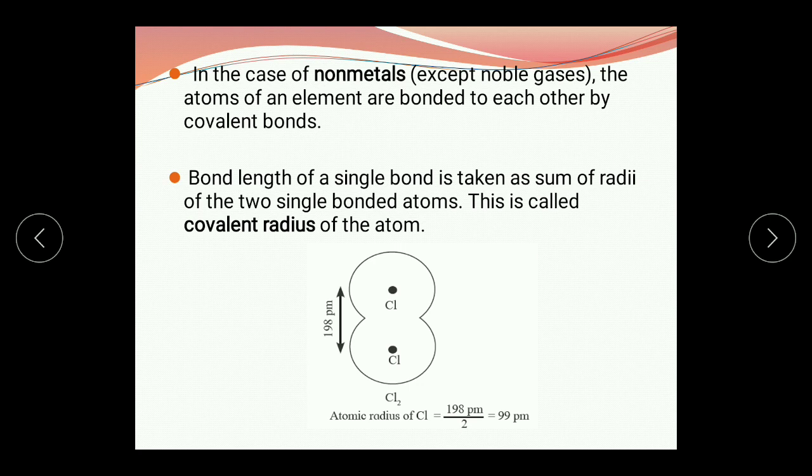Because chlorine is a diatomic molecule, both chlorine atoms are connected by a covalent bond, so the internuclear distance, that is the distance between the two nuclei, divided by 2 gives the atomic radius of chlorine. It happens in the case of non-metals.